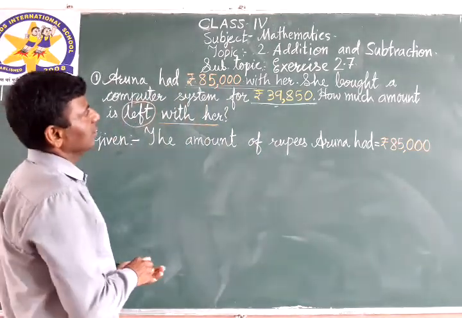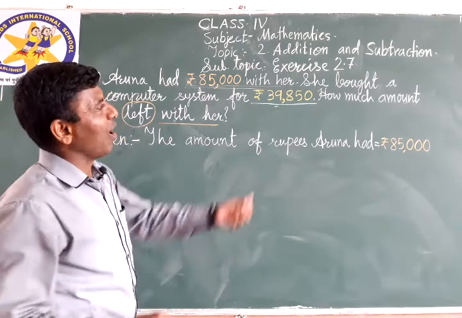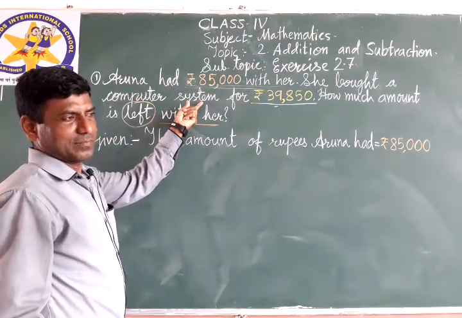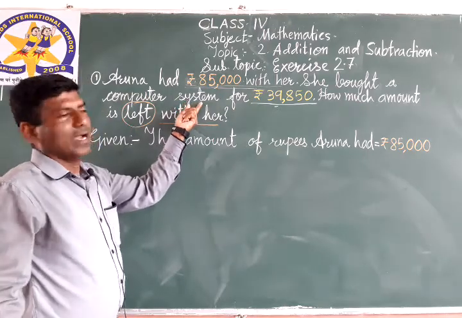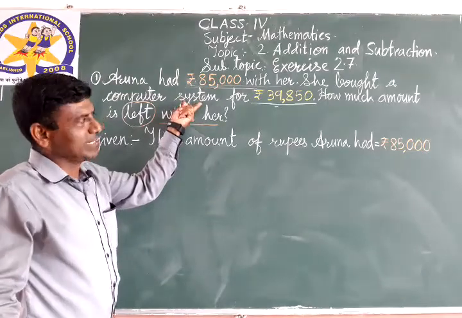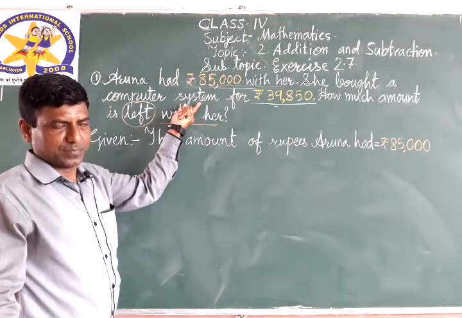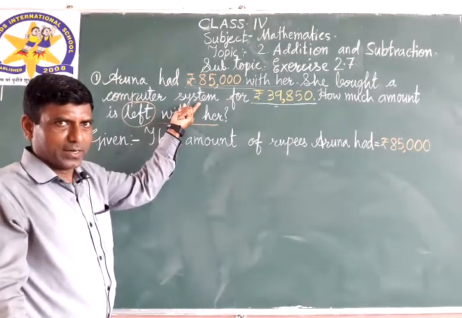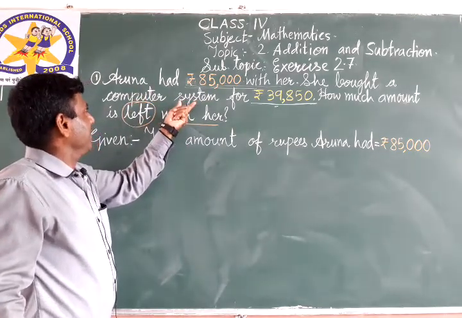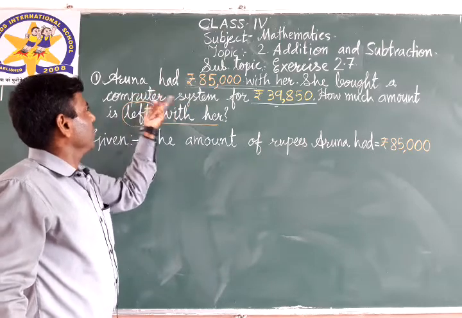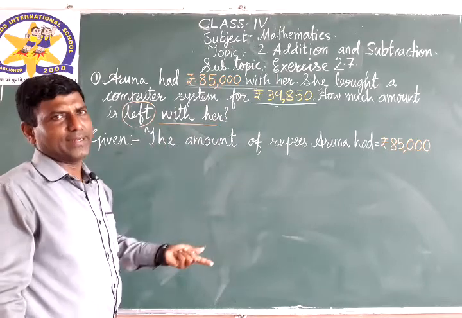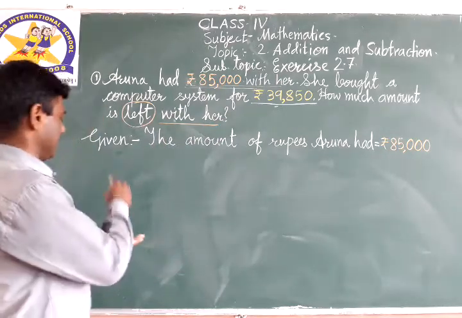So she bought a computer system. You can write like this: amount of money she spent to buy a computer system, amount of money she spent for buying a computer system, or else, in simple words, you can write the cost of a computer system.